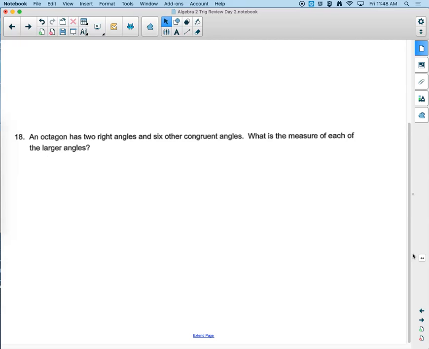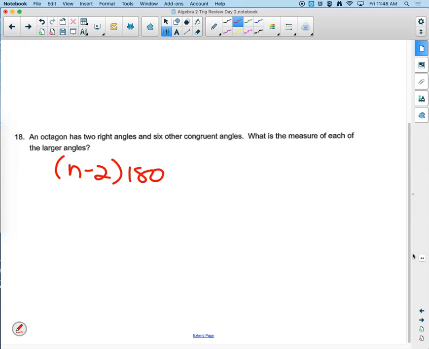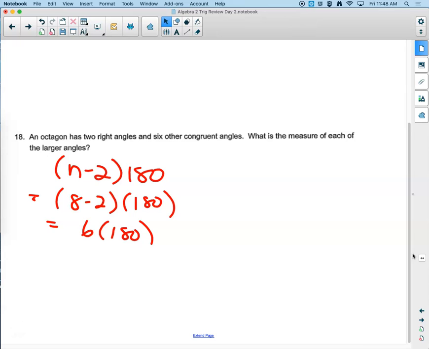Memories are drained. N minus 2 times 180. So you take the number of sides, which in this case is 8. Subtract 2. That gives you 6. And I'll leave it to you from there because I'm sure you can get it after that.